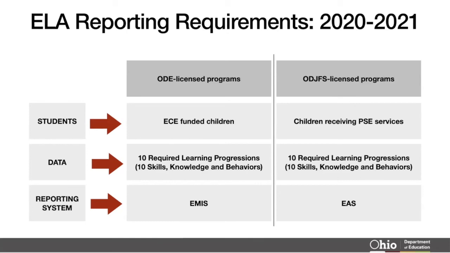If you're not sure which system you put your scores in, we can help you figure that out. But they also, EMIS and EAS, have different deadlines. So then that's on another screen here. But it's really just important to remember that your ECE funded children and your children receiving PSE services must have scores for those 10 skills, knowledge, and behaviors, and you report those through EMIS or EAS.